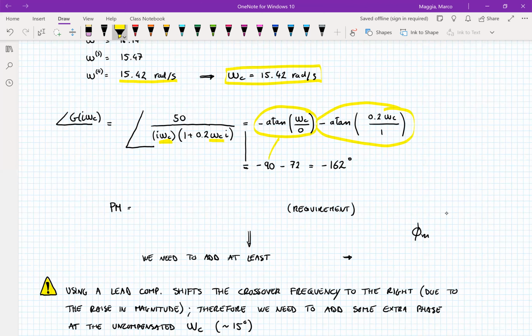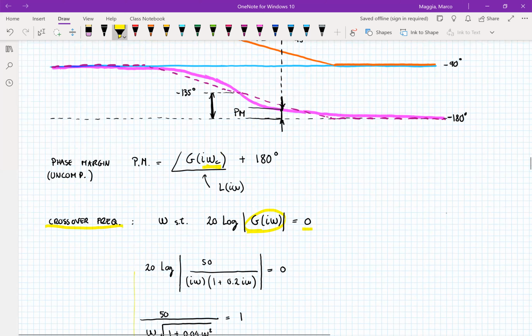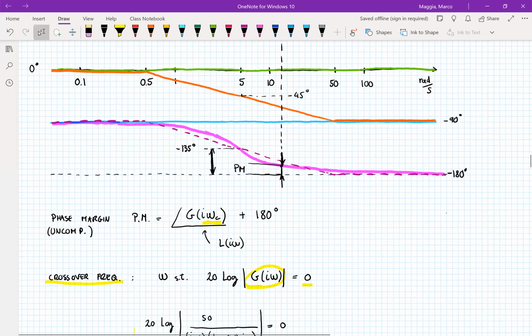If you substitute omega c in that, you find that this is about minus 72. So the phase at the crossover frequency is minus 162 degrees. Does that make sense? Let's go up and see. Well, yeah, that makes sense. So this should be minus 162 degrees.